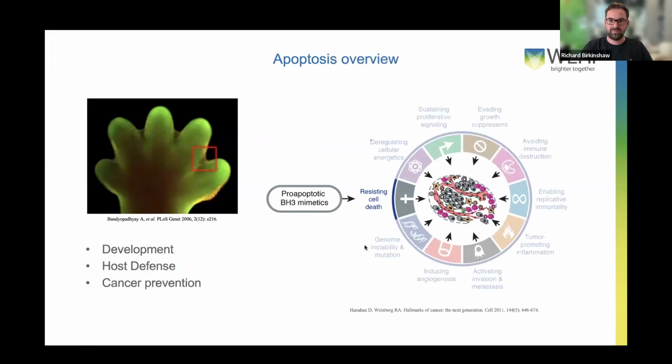So a bit of background on the diseases we're interested in. Apoptosis is a fundamental process that we have in life. It is the targeted deletion or death of cells, and this is probably most evident in the removal of webbing during interdigitation, as shown here on the left.